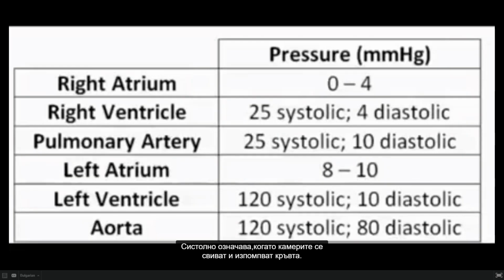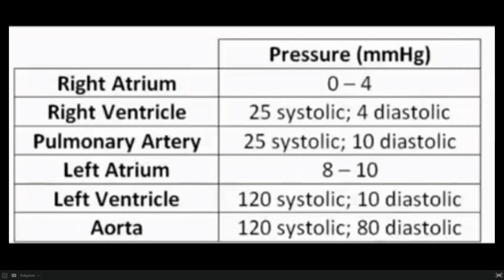Systolic means when your chamber contracts and pumps the blood through. And 4 for diastolic. Diastolic is when your chamber relaxes. So here you have two pressures: during the contraction, 25, and during the relaxation, 4 millimeters of mercury.